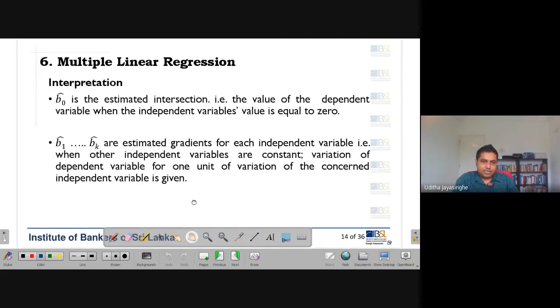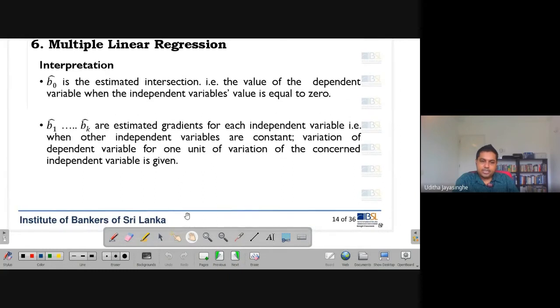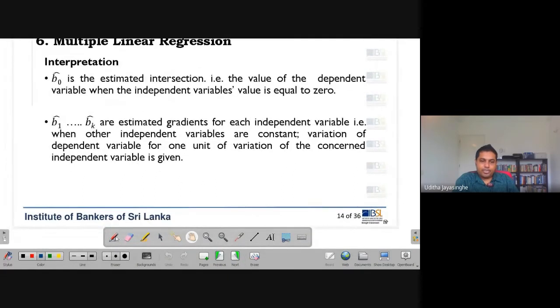What's that complex statement? It's going to be the case like this. If I put up an equation like, let's say, y is equal to 5 plus 2x1 plus 3x2 minus 5x3, this is going to be B0, this is going to be B1, B2, and B3.